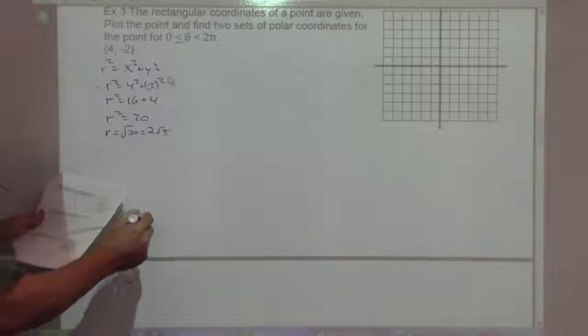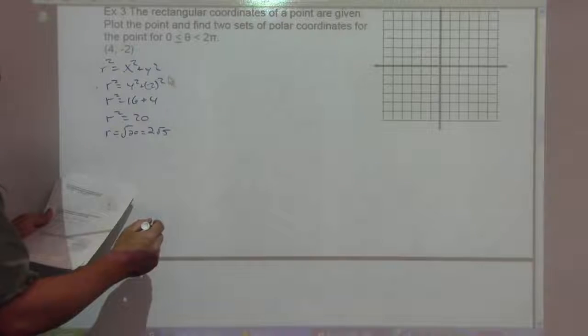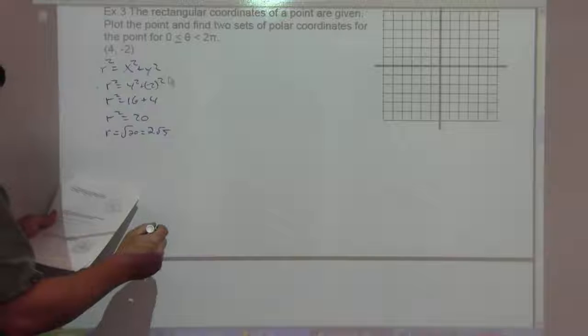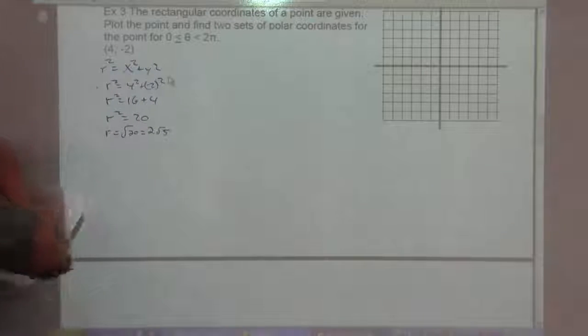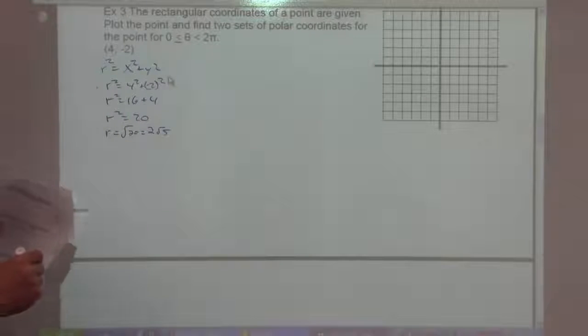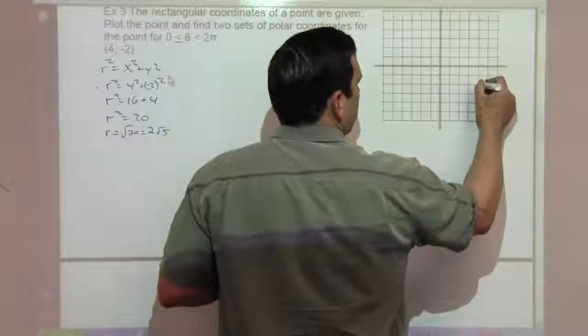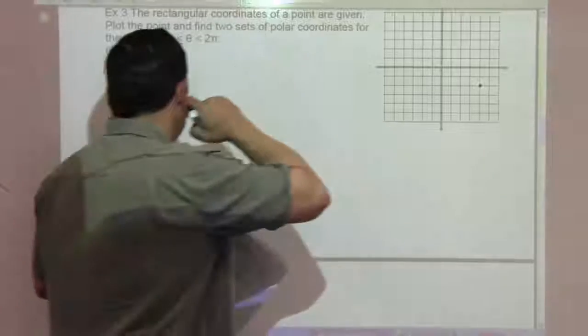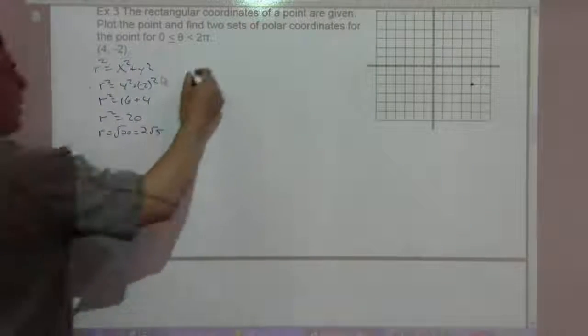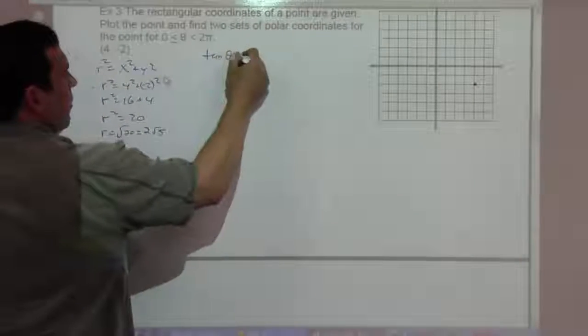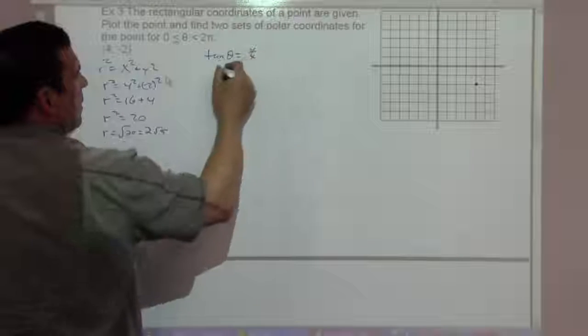And a decimal approximation for that would be, I don't have one on here. Okay, so 2 times the square root of 5. And by the way, 4 negative 2 is right there. So there's our r. Now tangent of theta is going to be y over x.